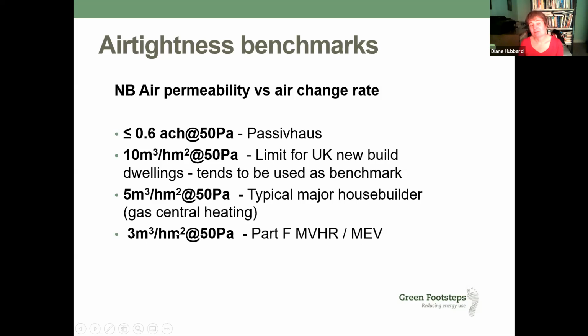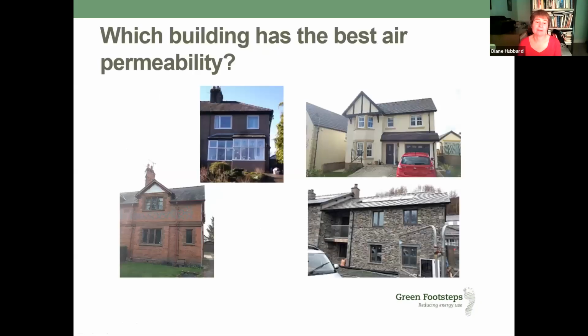There's also a view that in order to see your money's worth out of an MVHR, you really should be looking at below 1.5-ish. So that's even tighter than what Part F is looking for. So that gives you a context for the sort of tightnesses that we might be looking at.